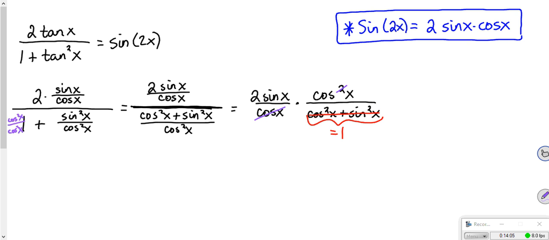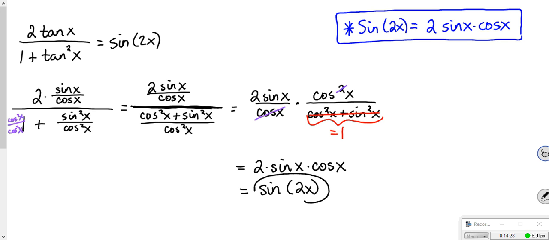So all I am left with is 2 times sine x times cosine x. Well, look at my formula I put in the blue box up there. What does 2 times sine x times cosine x equal? That equals sine of 2x.